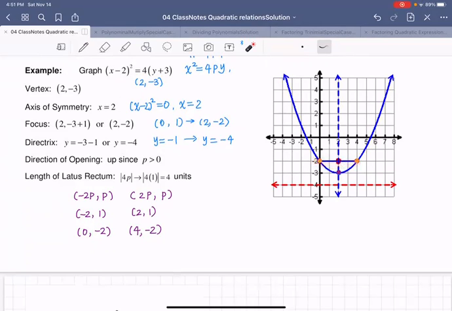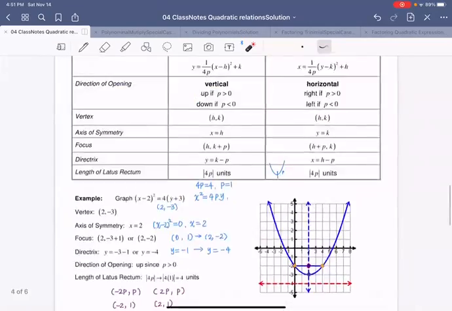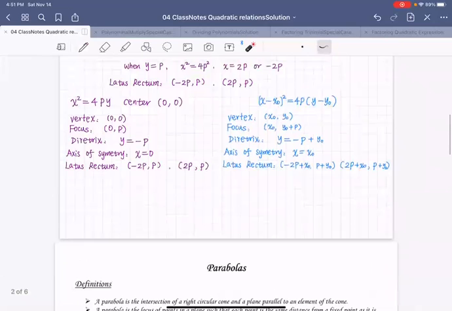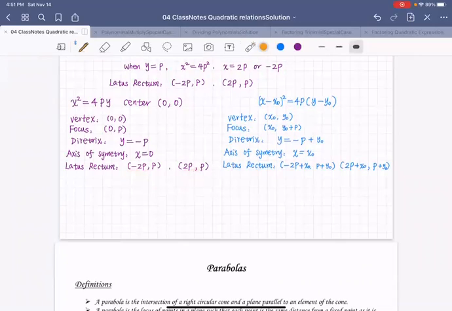The lattice rectangle distance, let's do it here. These two points have the same y value, and their x difference is 4p. So the lattice rectangle distance or length is 4p.